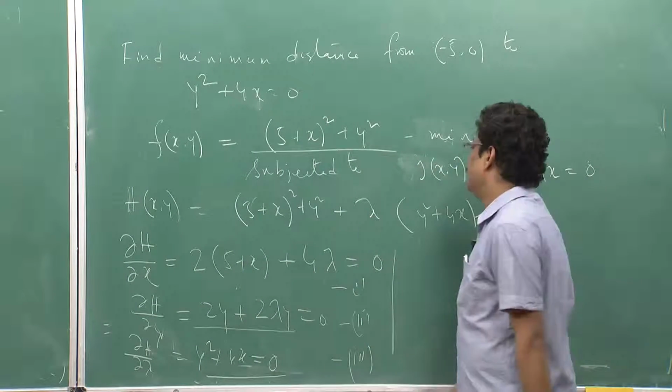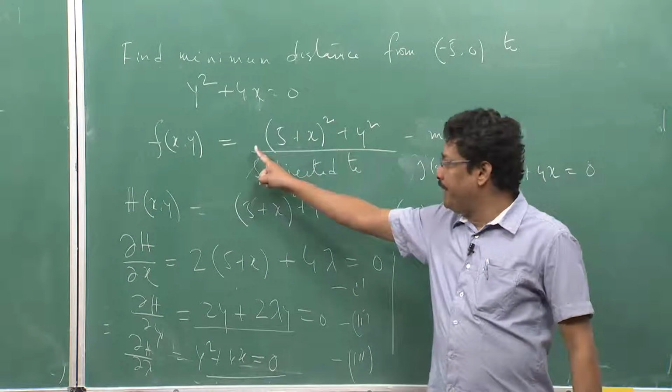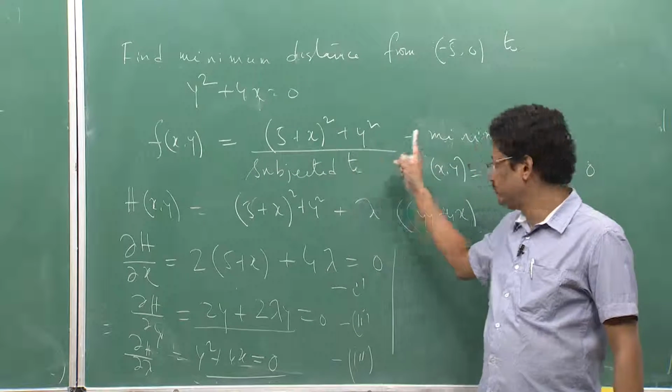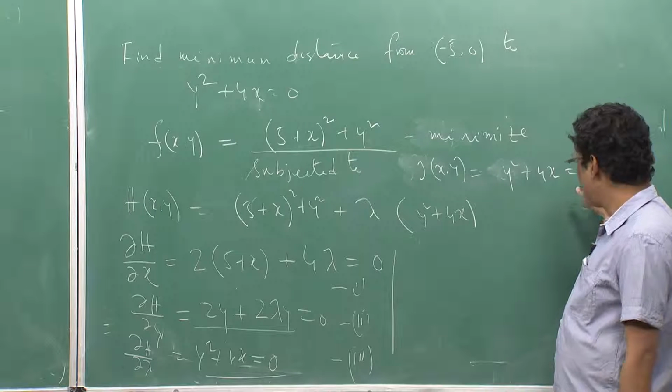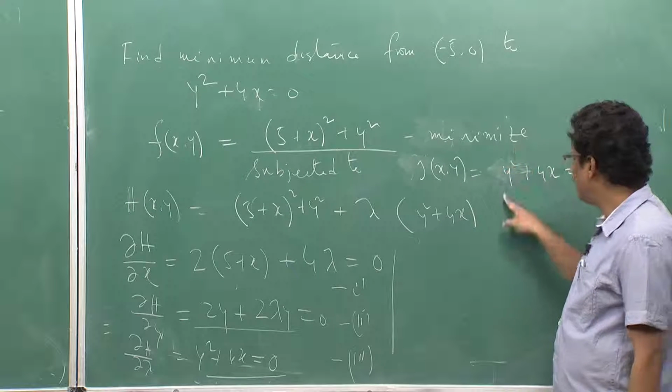Well, I am looking for the minimum of this fellow subject to this condition, y square plus 4x equal to 0.